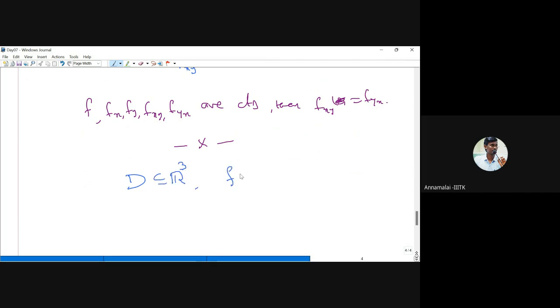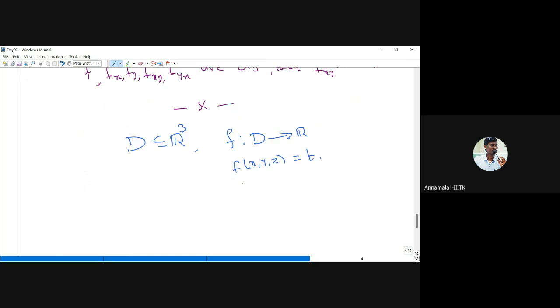Then any function from D to R is a function of three variables, because there are three inputs x, y, z, and it gives some value. So this f is called a function of three variables.